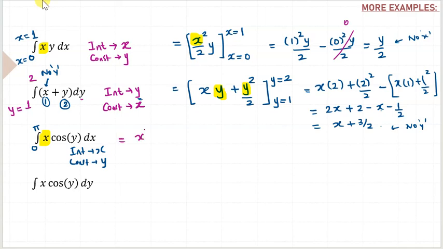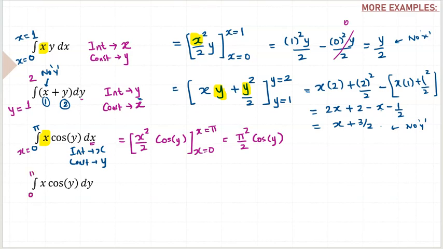This gives you x square by 2 cosine of y. And these are the limits of x, because of dx. So this gives you pi square by 2 cosine of y. And at x equal to 0, the term will become 0.